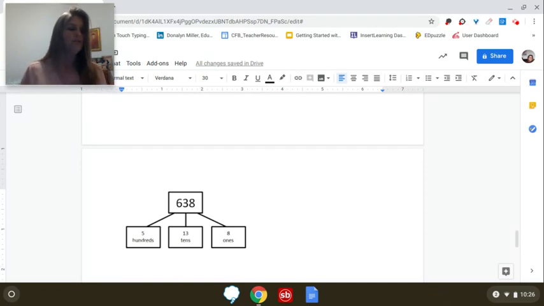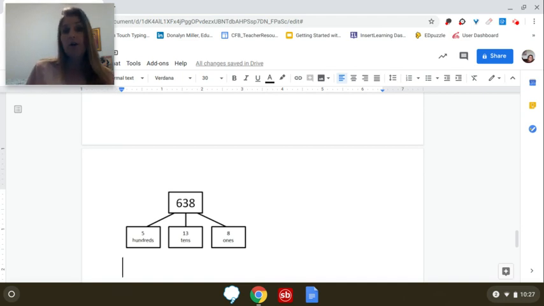So I want you to tell me, the first one looked like it was broken out into maybe expanded form, the way we would do it that way. But this one doesn't. So what do you notice about this one? Well, I want you to notice the tens. The 500 would be a bell that, oh, I don't have enough hundreds. But if I go over to my tens, I have 13 tens.